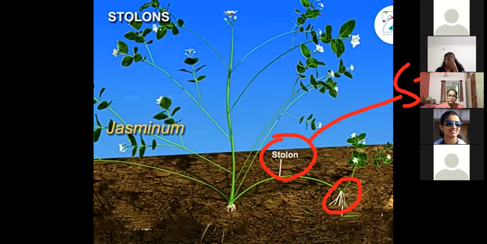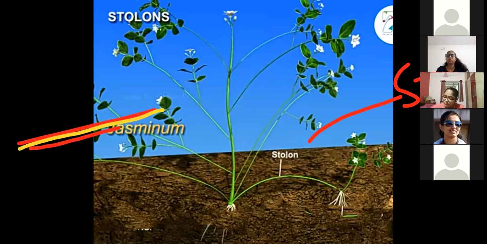Runner and stolon should be clear. What was the runner? It was inside the soil, and remember, it runs parallel to the soil surface. Instead, in stolon, remember the arc-shaped structure. Bending is there.